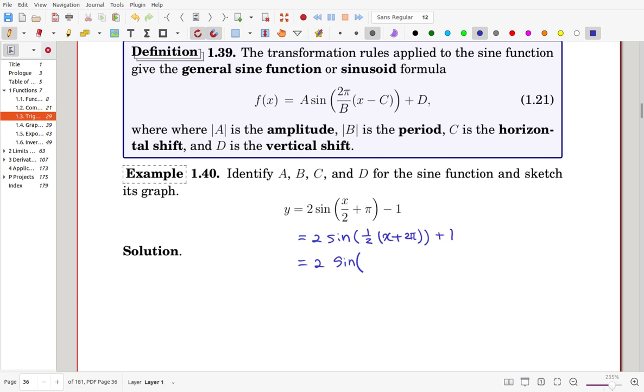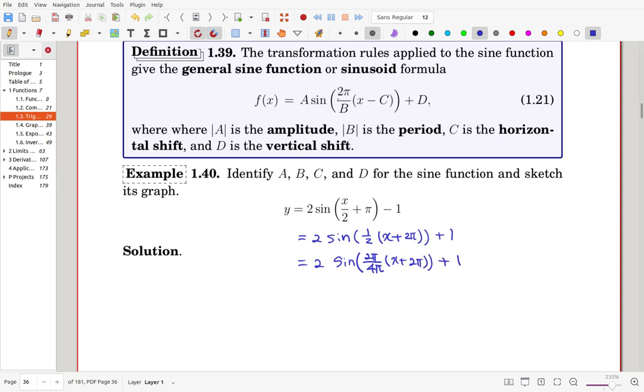Mathematics starts from definition. And during the computation, you have to match the form. Then it's much easier. Half can be written here as 2 pi over 4 pi. So the whole thing is 1/2. And x plus now 2 pi, plus 1.